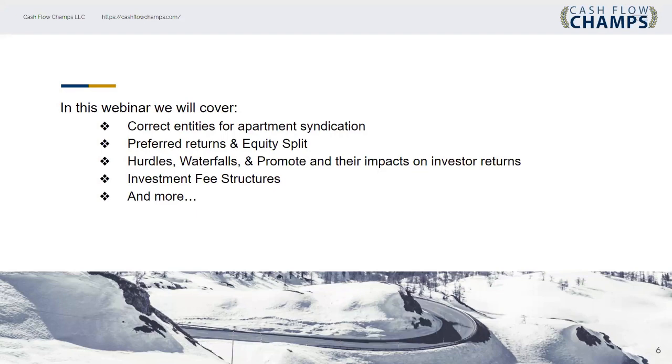So for some investors, the preferred return is a requirement, right? You can also structure a deal without a preferred return. But some investors, including myself, think that the preferred return is an important piece of it. If there is no preferred return, maybe the deal is a no-go, right? Because the preferred return, I think, is a good way to compensate the investors for putting their hard-earned money on the line with you as an operator.